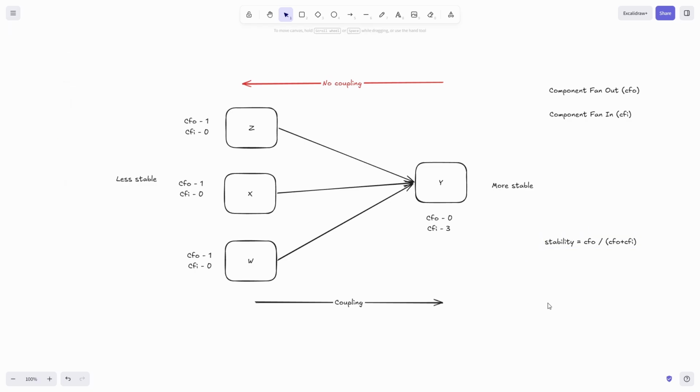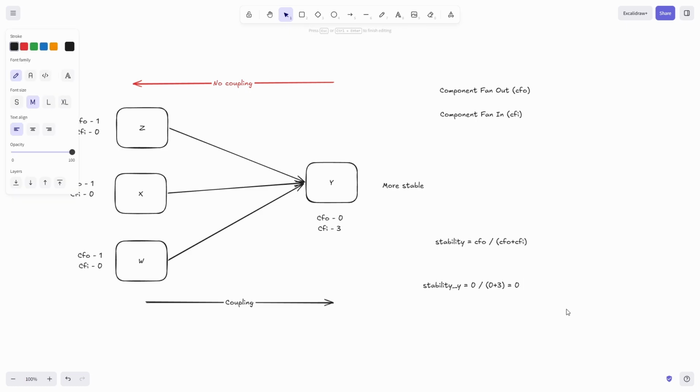In the case of y, the stability of y equals how many it is pointing to, which is 0, divided by whatever here, it actually matters, but it would be 0 plus 3, and this is 0. So the stability of y is 0, and 0 stability means it is really stable.